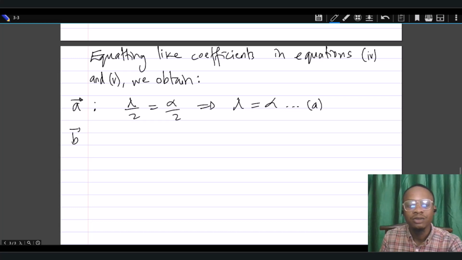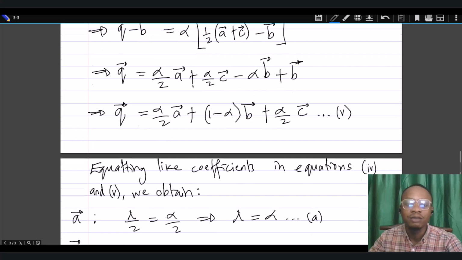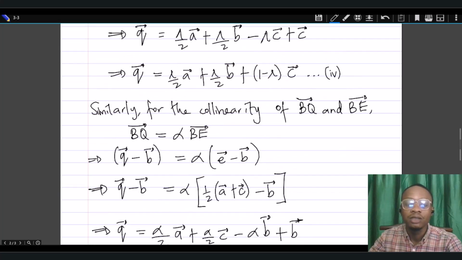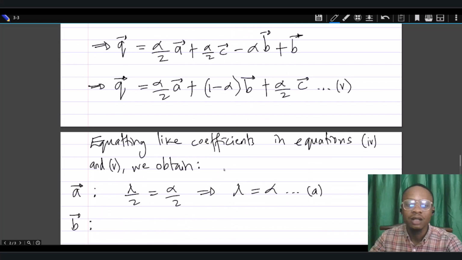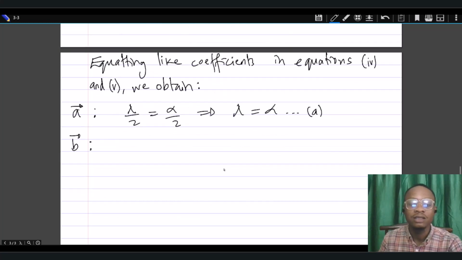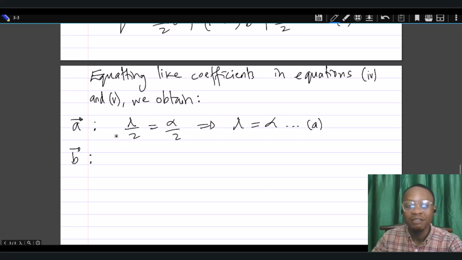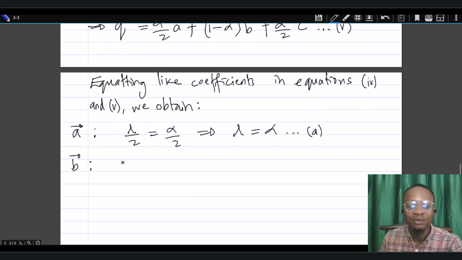Then considering the vector B or its coefficients now, lambda over 2 should be equal to 1 minus alpha. Okay, so we see that lambda over 2 should be equal to 1 minus alpha, right?